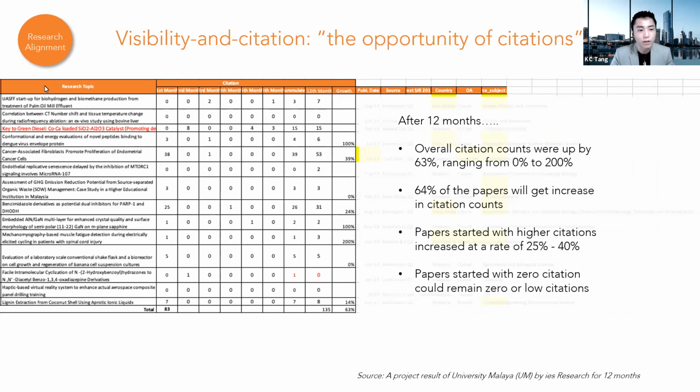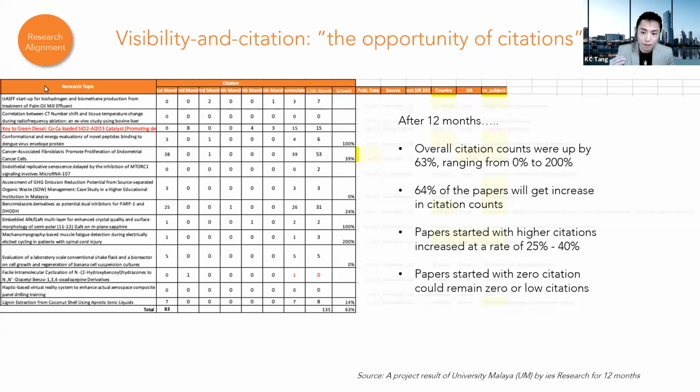But based on other analysis that we have done before with our clients in the past, we would dare to say that it would definitely improve the opportunity of citation, but there wouldn't be a guarantee of citation. From these papers, after 12 months, we analyzed that the overall citation count would increase ranging from 0 to 200%, so on average 63%.